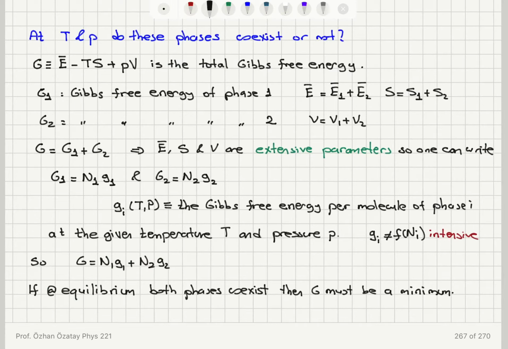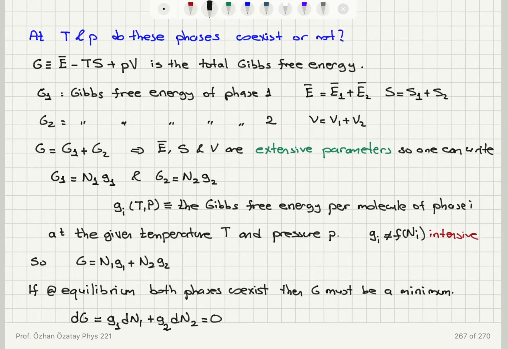So how can I guarantee that the Gibbs free energy is a minimum? We need to look at the extremum of the Gibbs free energy. If I write dG, infinitesimal changes in the Gibbs free energy, it will be by changing a number of molecules from one phase to another phase. So this will be equal to the Gibbs free energy per molecule in phase 1 times dN1 plus the Gibbs free energy per molecule in phase 2 times dN2.